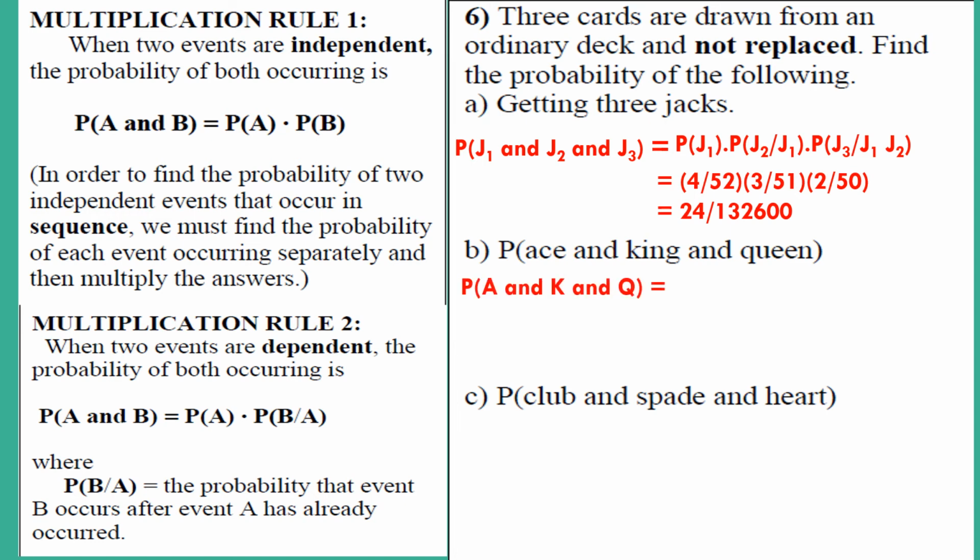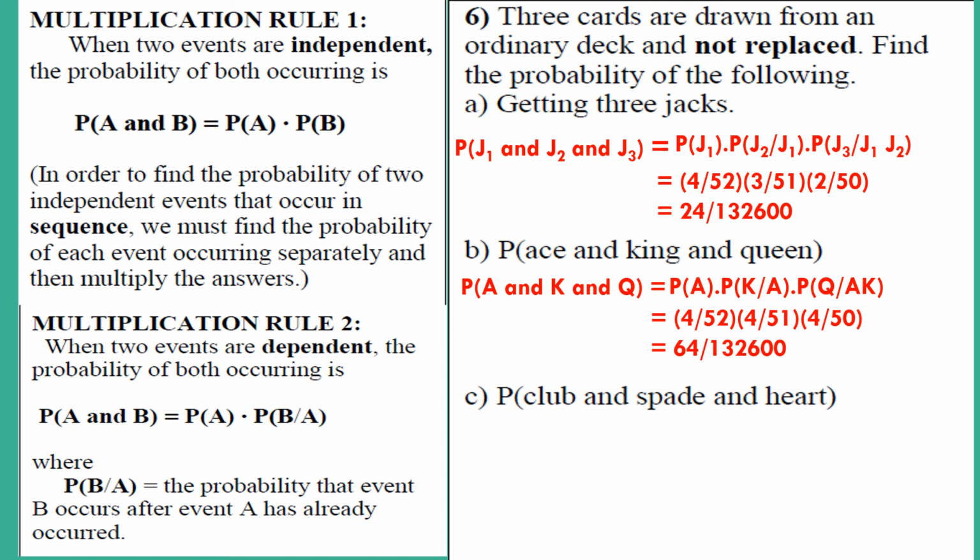B. The probability that the first is an ace, then a king, then a queen equals the probability of an ace times the probability of a king given that the first was an ace times the probability of a queen given that the first was an ace and the second was a king. So substituting, we have 4 over 52 times 4 over 51 times 4 over 50 equals 64 over 132,600.